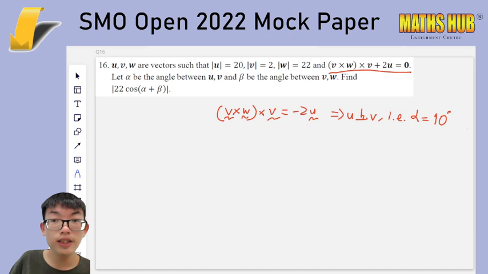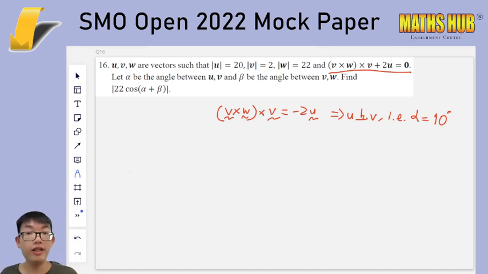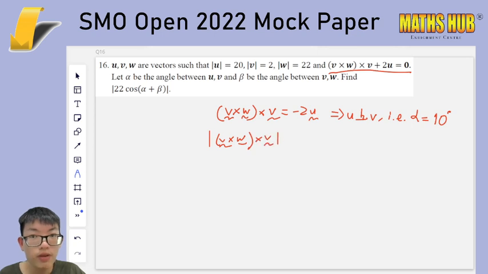Now we need to get beta. Beta is the angle between V and W. There's nothing to equate V and W because V and W are on the other side. So now we have already looked at direction, we can look at the magnitudes. Now, V cross W is perpendicular to V because, well, that's the meaning of V cross W. So if V cross W is perpendicular to V, then the magnitude of (V cross W) cross V is just going to be the product of their magnitudes.